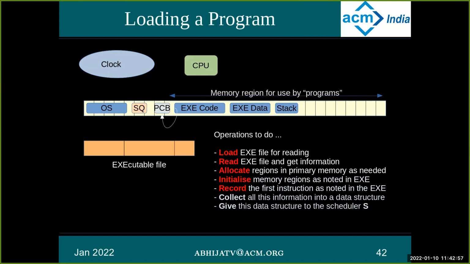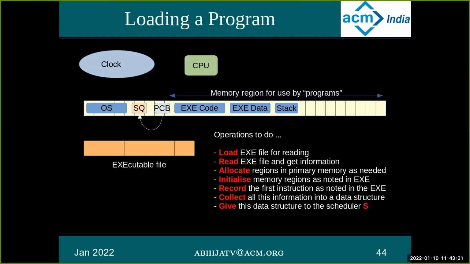That is the entry point. All right. This all has been collected into a data structure, and this is the data structure that is given to the scheduler queue. The scheduler queue actually is going to scan through this and schedule each one of them according to the position in the queue. All right.